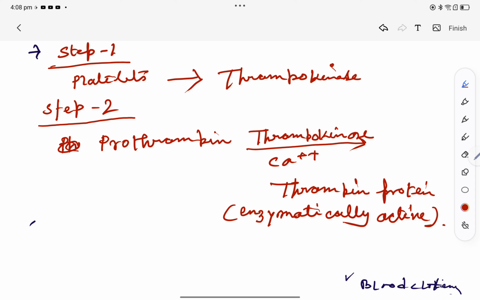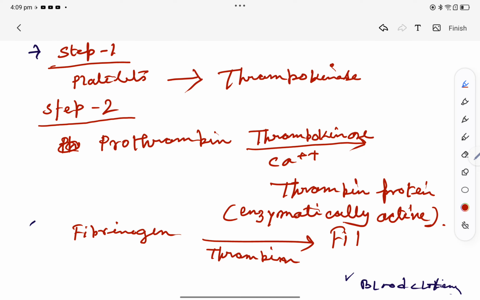Okay. Now again, fibrinogen, with the help of this enzymatically active thrombin protein, forms fibrin, insoluble fibrin.